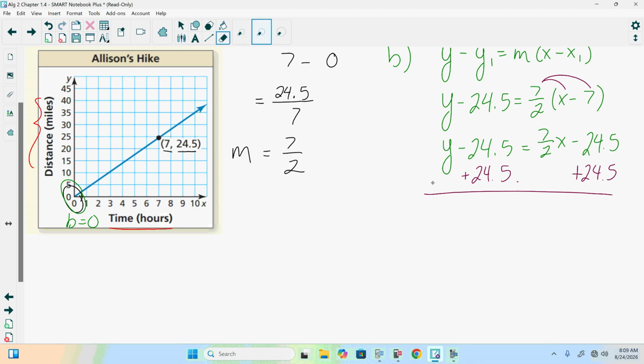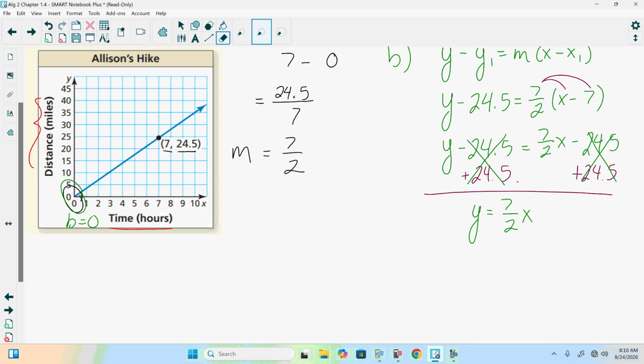Because on the left-hand side, the negative 24.5 plus 24.5 will cancel, getting us y by itself like we wanted. We still have the 7/2 x. 24.5 minus 24.5 also cancel, giving us 0, telling us that y equals 7/2 x, which is the exact same equation we had, yes?